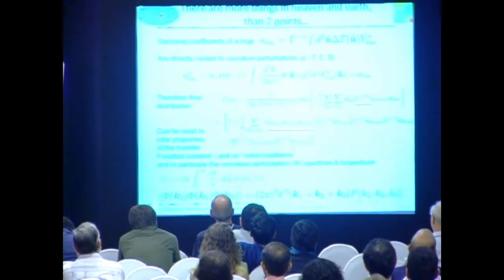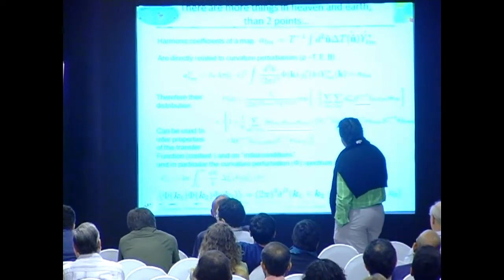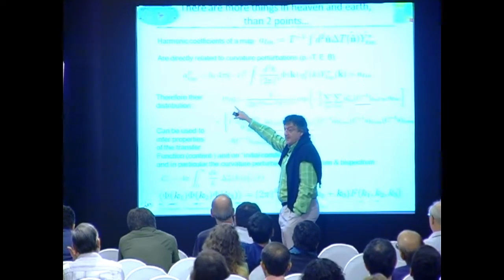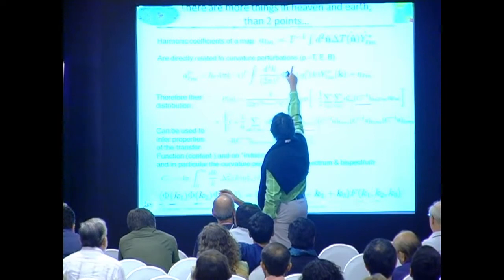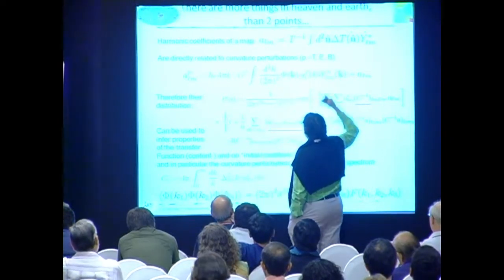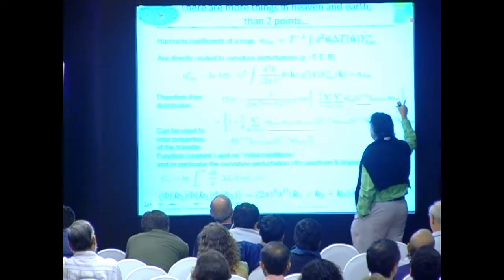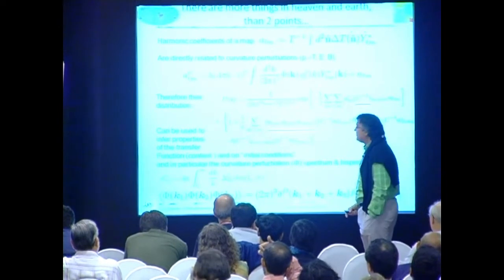Now, there are more things in heaven and earth than 2-point correlation functions. And so we can write the probability distribution of the various harmonic coefficients, which are essentially the transform of the temperature field. It's essentially a Gaussian term that you recognize here, and this is essentially the power spectrum to the power of -1.